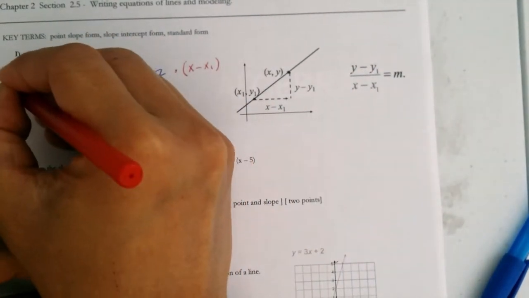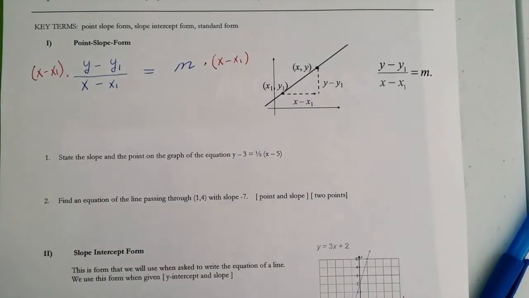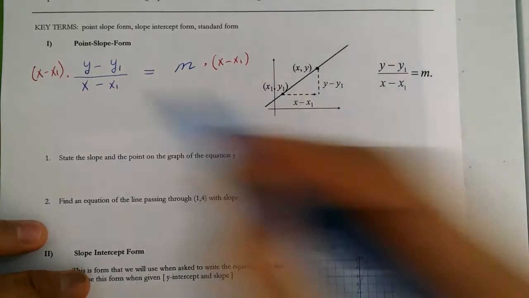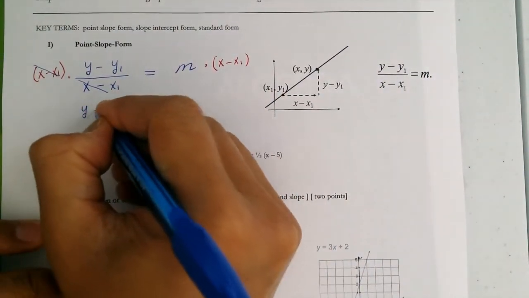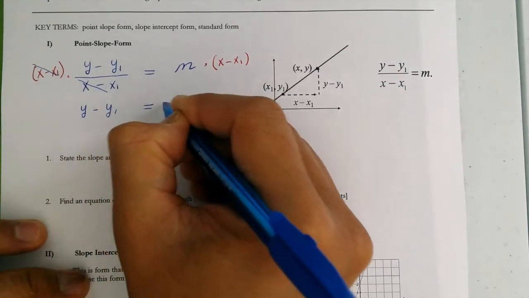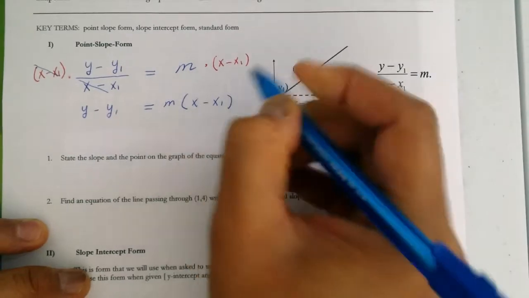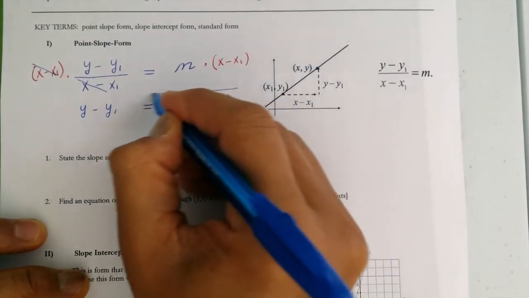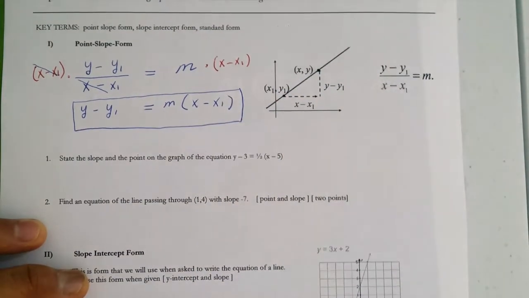We're allowed to do that as long as we do it to both sides. This is one of the properties of an equation. These two cancel out, leaving us with y minus y1 equals m times x minus x1. And this is what we call point-slope form.